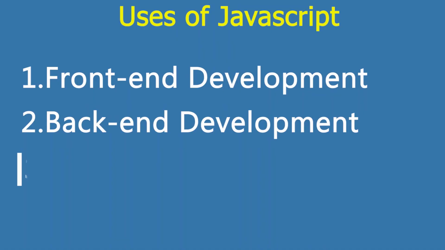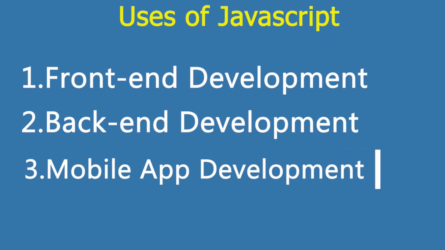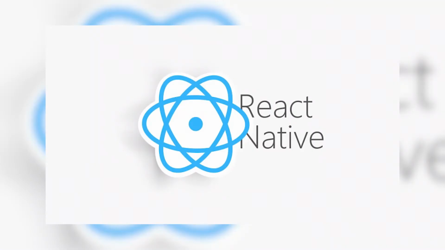Another important reason why you should learn JavaScript is that you can also develop mobile applications using JavaScript, with a framework called React Native. Remember, there is the main framework for backend development called React. So if you want to develop mobile applications, there's a mini framework under React called React Native. So that can be used to develop mobile applications, but we will not cover that. If we get time in this particular tutorial, we'll be able to cover that.